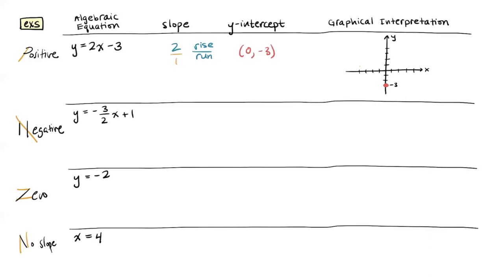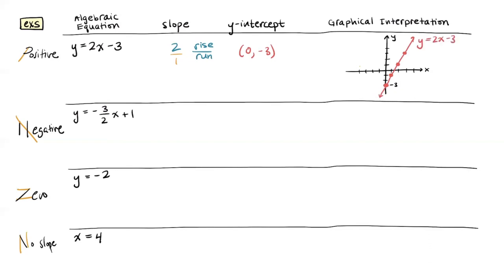So we're going to go up 2 and over 1 to find the next point that lies on our line, and that point is right here. Then we can find another one, up 2 over 1, right here. Another one up 2 over 1, right here. And we can connect all of these together to get a graph or a picture of this line.